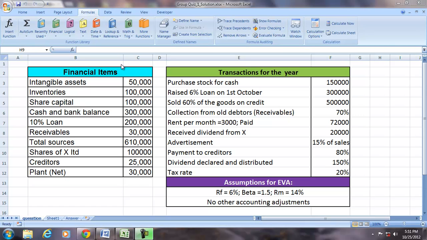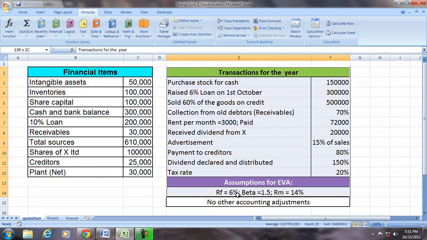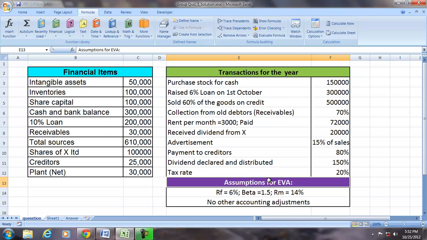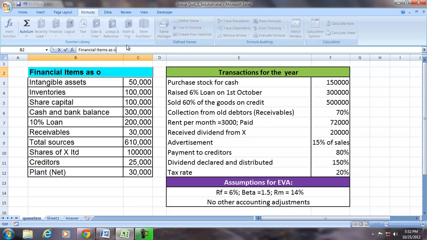In this session, we'll use the data given here to prepare the financial statements and then also use this information to find the economic value added. If you see this data, it is saying the financial items as on 31st March 2011.